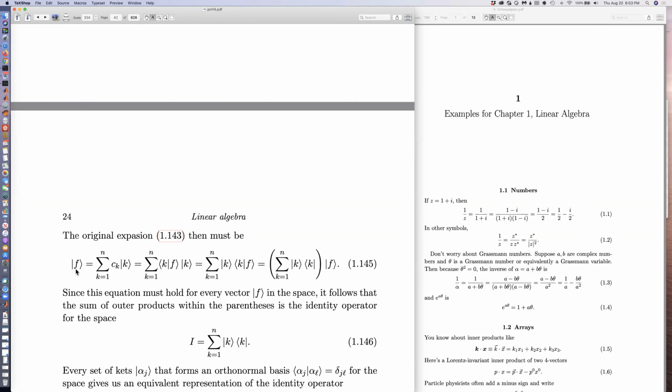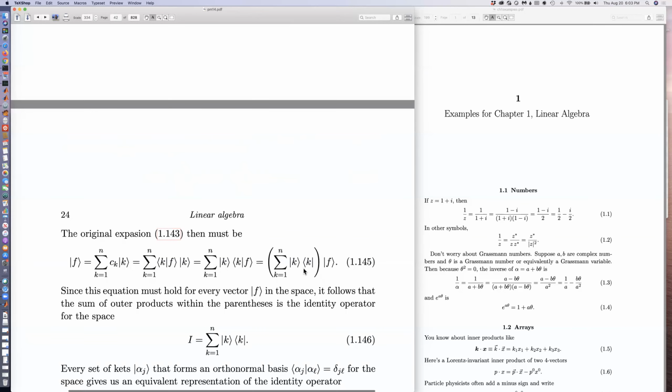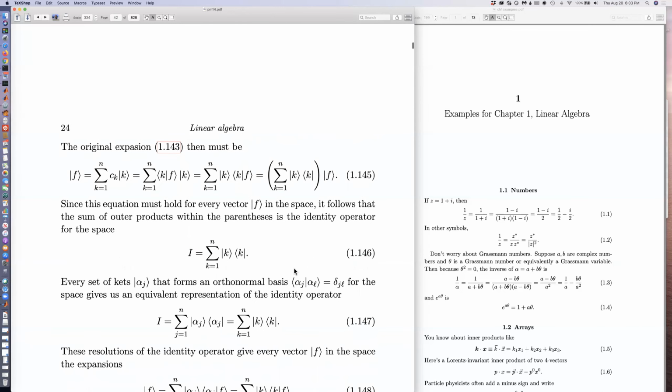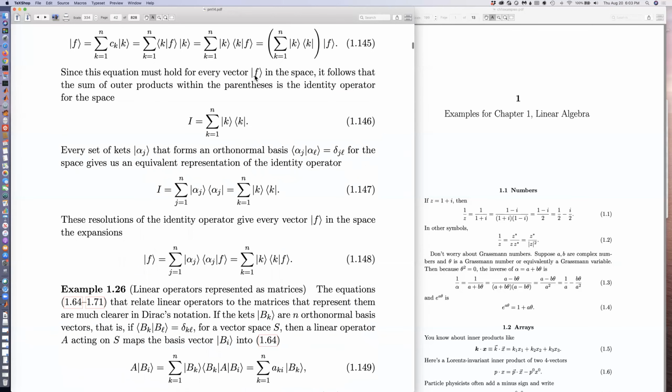Arbitrary ket F equals arbitrary ket F times this. So this thing must be the identity operator. What sits between these parentheses must be the identity operator. Since it must hold for every vector F in the vector space, it follows that this is the identity operator for that space. So this is really important.